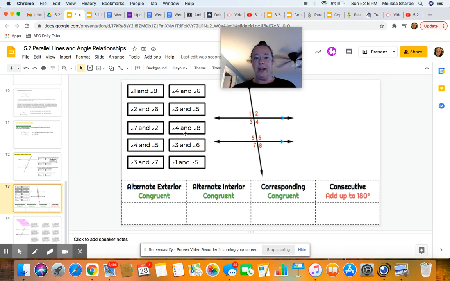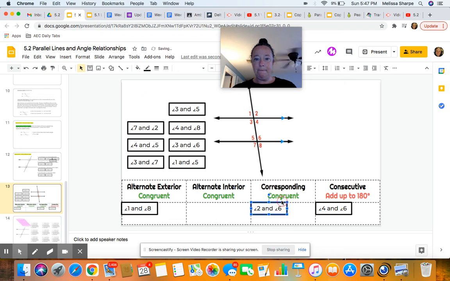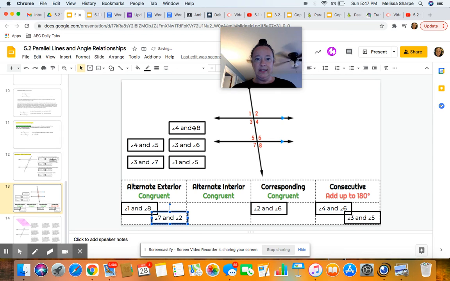So 1 and 8. 1 and 8 are alternate exteriors. 4 and 6. 4 and 6 are consecutive interiors. 2 and 6 are corresponding. 3 and 5 are consecutive interiors. 7 and 2 are alternate exteriors. 4 and 8 are corresponding.